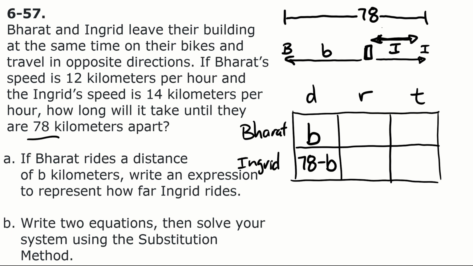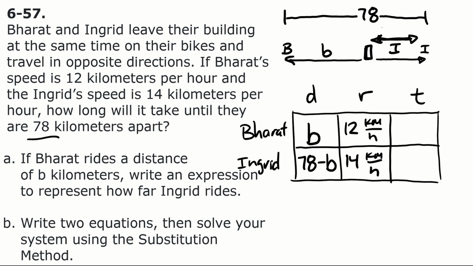Now, the other thing that's happening here is we do have a speed for each of them. We know that Bharat is traveling at 12, and his speed is expressed in kilometers per hour. And Ingrid's speed is 14, and her speed is expressed in kilometers per hour.